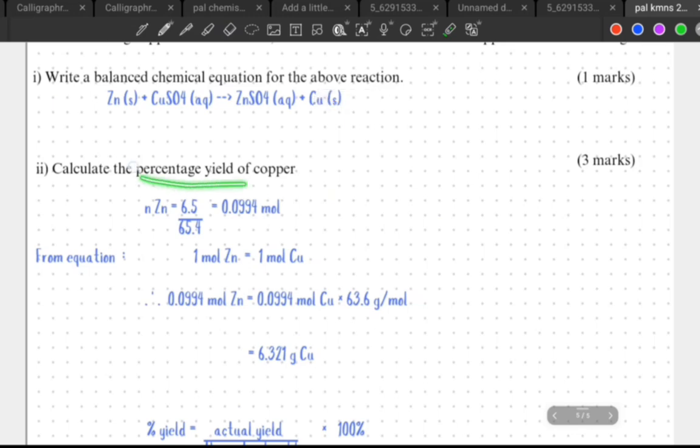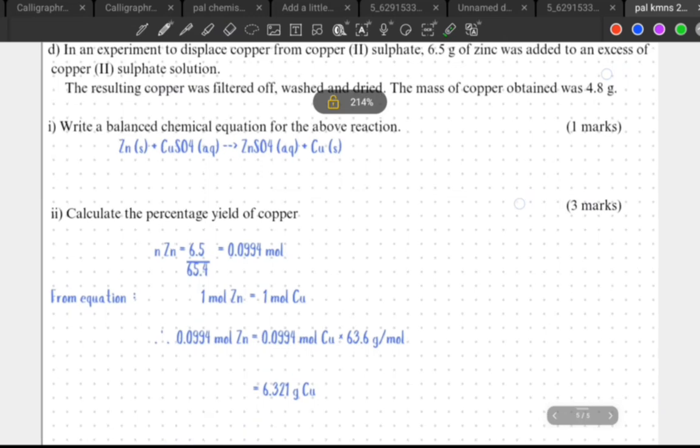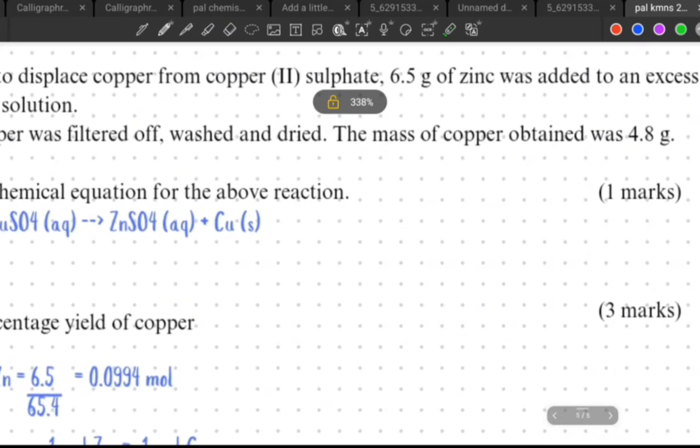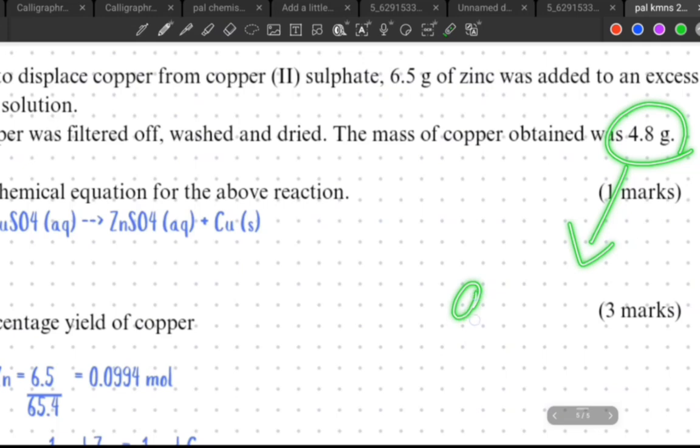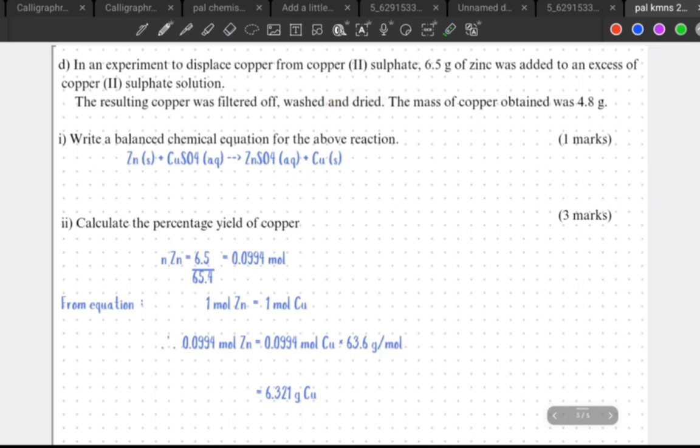The question asks for the percentage yield of copper. We know that the question gave 4.8 gram. This one is the actual yield. So we want to know the theoretical yield of copper.